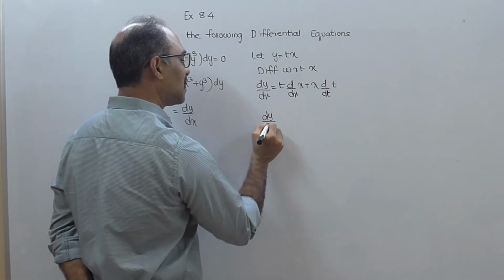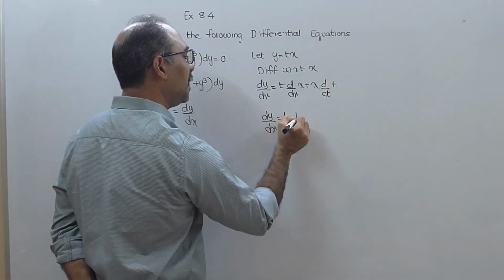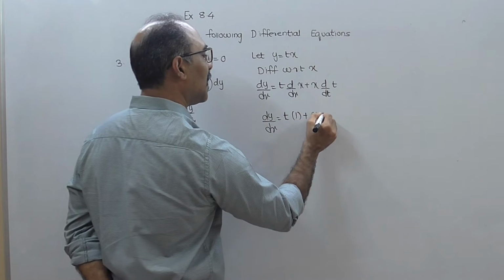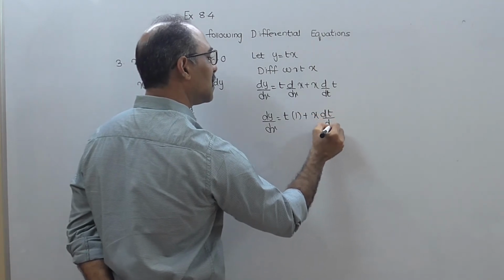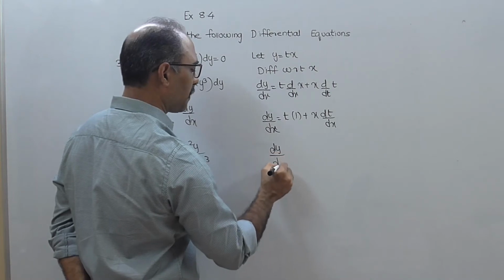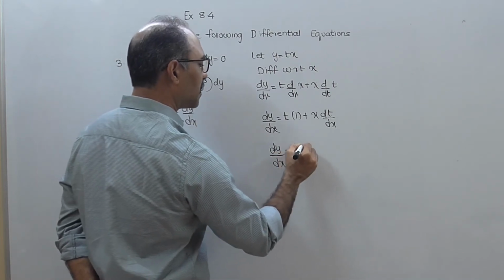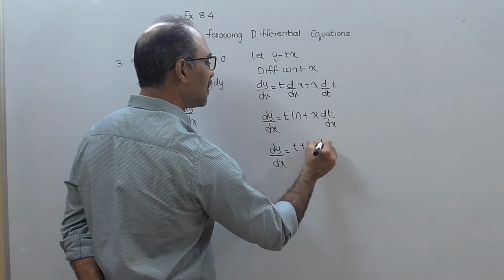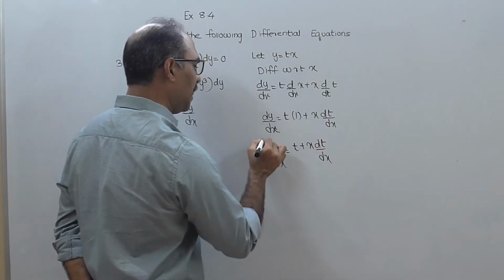So I get dy by dx equal to t, derivative of x is 1, times x, plus x times dt by dx. So ultimately I get the value for dy by dx equal to t plus x dt by dx.